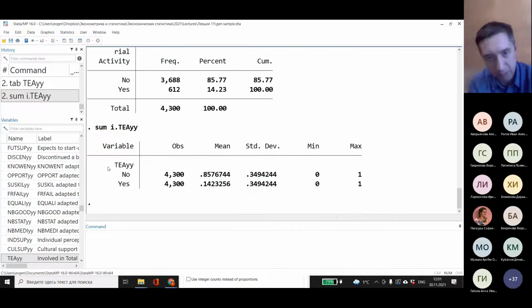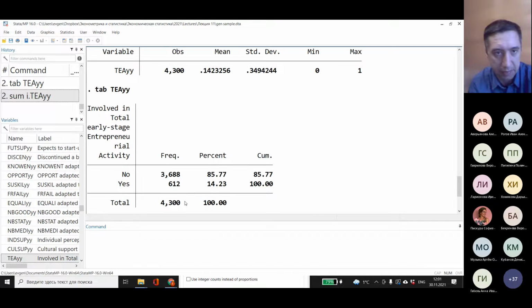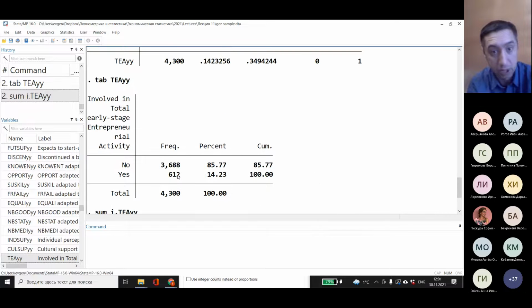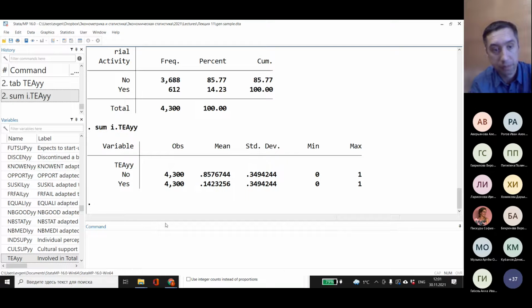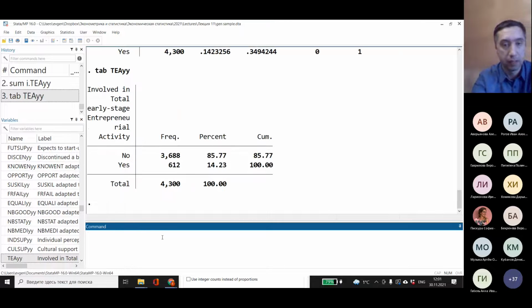Don't use the summary command because it's not convenient and it can lead you to wrong conclusions about the variable. For example, if you look at summary, you can easily state that our assumptions are met, but in fact you may not meet our assumptions. So we can use tab.